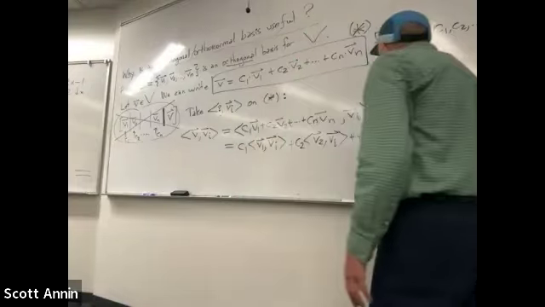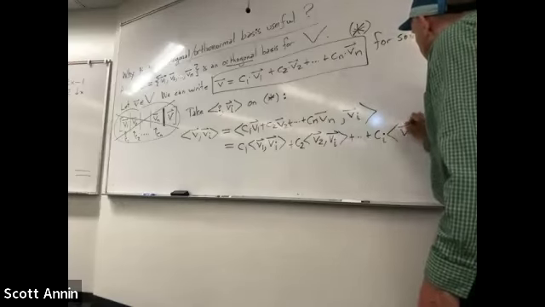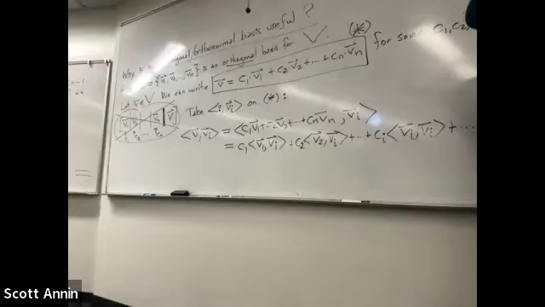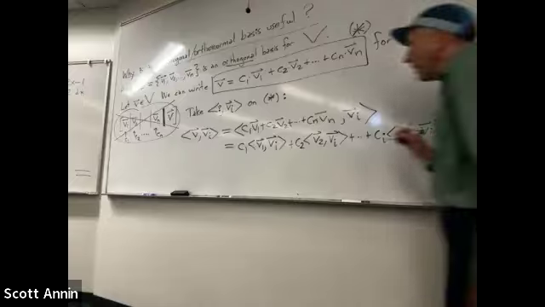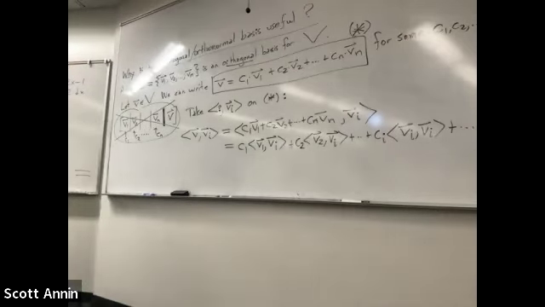Somewhere along the line I'll get to the ith term, Ci times the inner product of Vi with Vi. The very last term is Cn times the inner product of Vn with Vi. I've taken the constants out in front and split up the plus signs. That's all that's happened there.